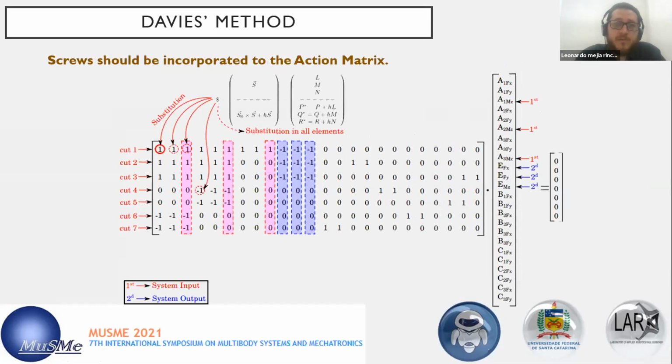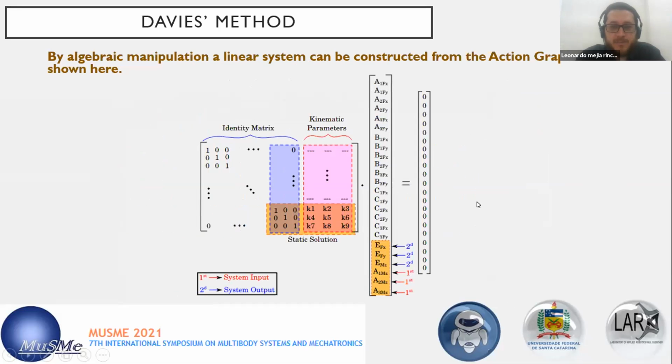Then when you have this action matrix, you can incorporate the screws on it, substituting the elements with value equal to 1. And then by algebraic manipulation, you can solve the final static model. This is the starting point in order to obtain a range capability model.